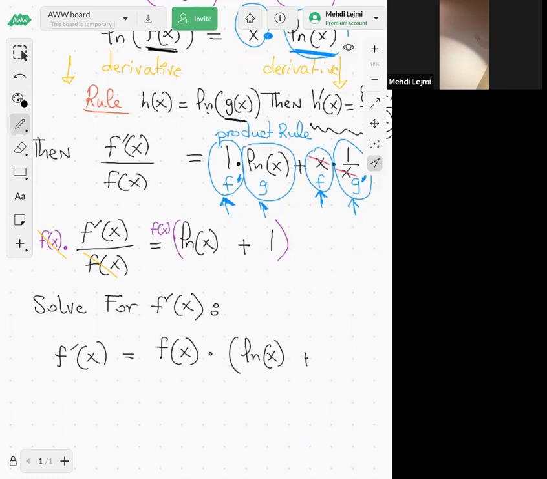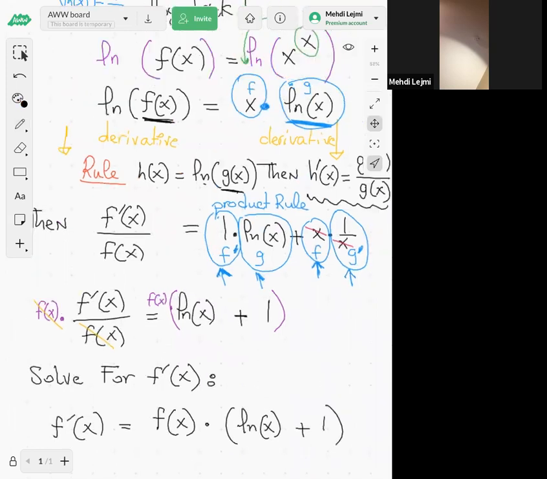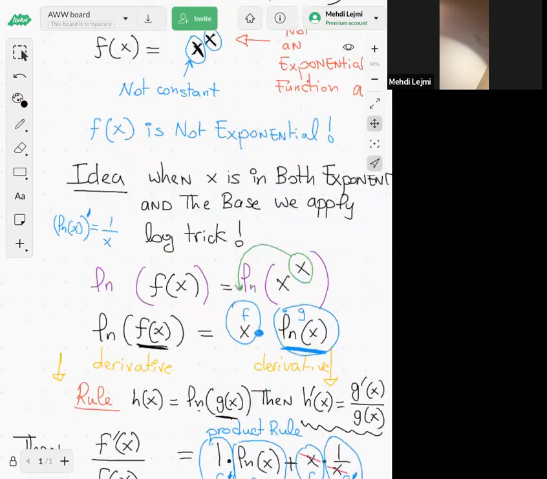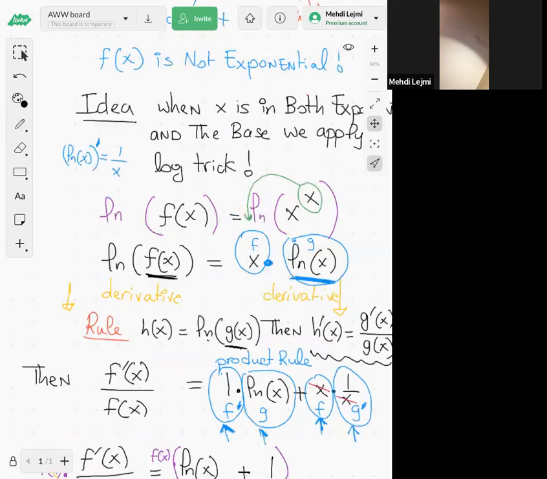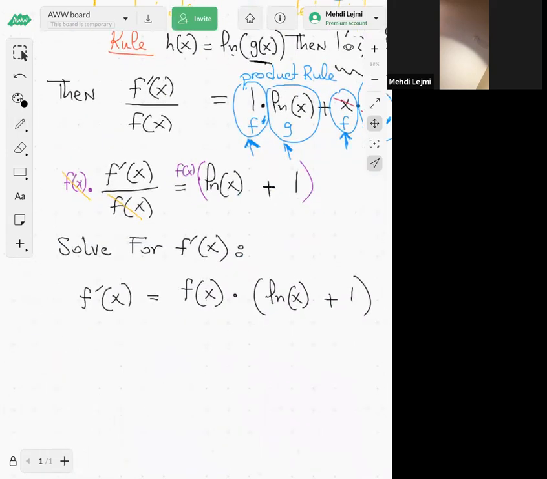Okay. Now, last thing to do now is just to substitute this f of x because, well, we know what f of x is, right? This is my f of x, my original function. That's x to the power x, right? So here I can just substitute.